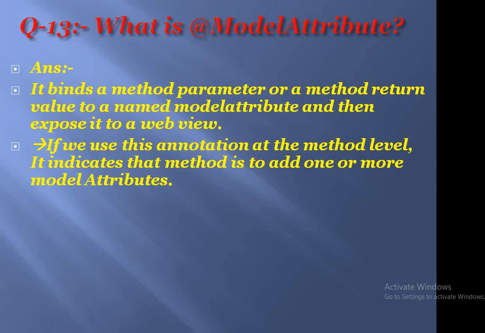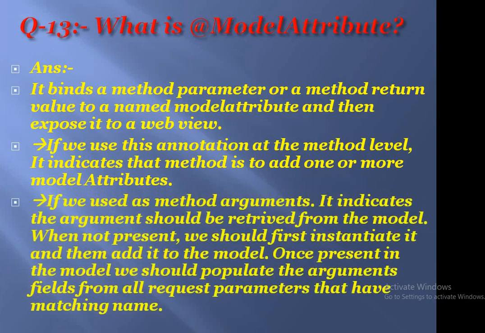If we use the annotation at the method level, it indicates that the method is to add one or more model attributes. But if we use it on method arguments, it indicates that the argument should be retrieved from the model.